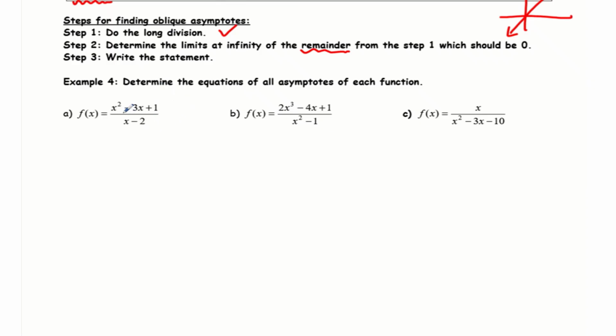So I will show you several different ways. The first one, we just use long division. You don't have to know all those methods, okay? So I will show you the long division first. For the long division, we just copy the dividend here: x squared minus 3x plus 1.